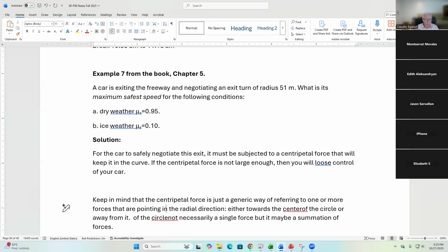That's what the centripetal force is all about. When I talk about the centripetal force, it's not a specific force that you must identify in the problem, but a generic summation of forces.